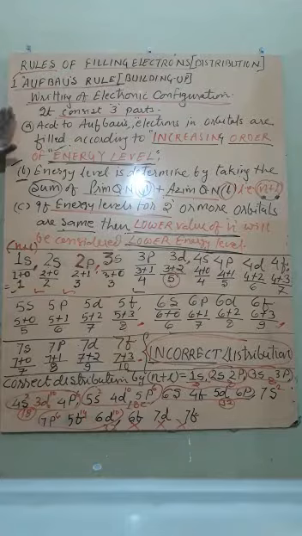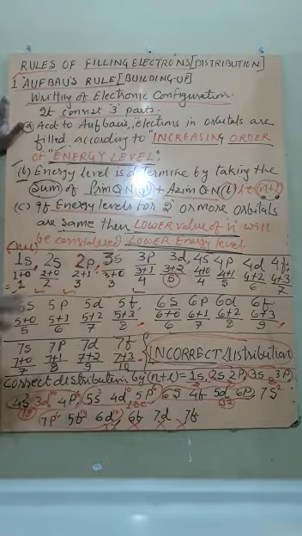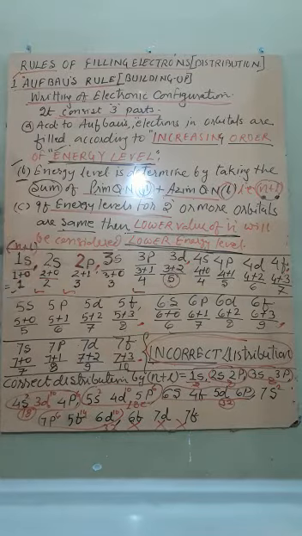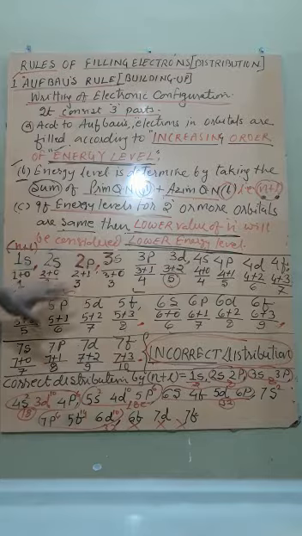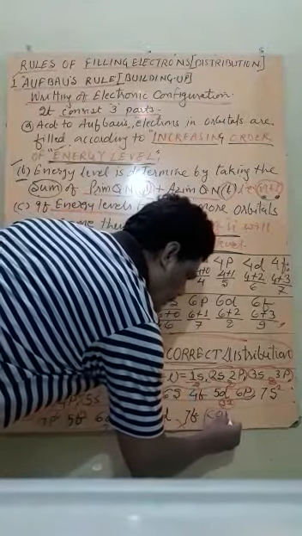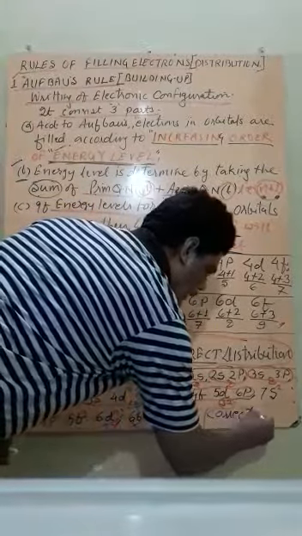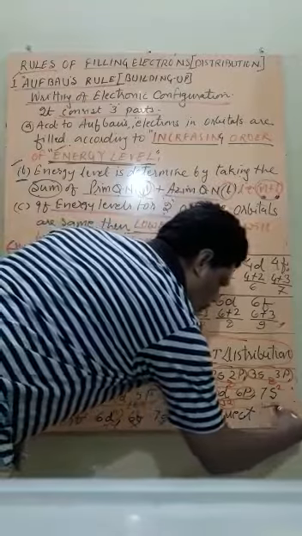You have to follow the video as well as the image. The image is better for writing and understanding the concept. Are you getting it? So learn the 1, 2, 3 rules, and then the incorrect configuration, and this one is the correct configuration. Remember, this is now the correct configuration, the correct distribution. So you have to follow this one.